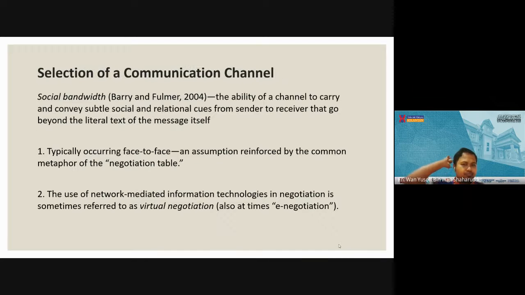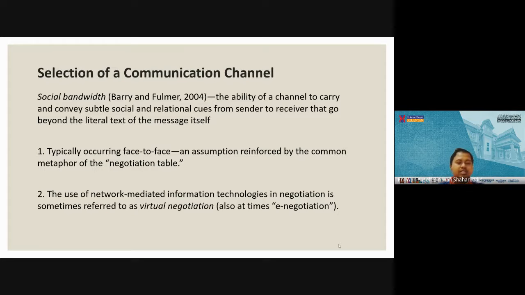When selecting a communication channel, we need to understand the concept of social bandwidth by Barry and Farmer, 2004. Social bandwidth indicates the ability of a channel to carry and convey subtle social and relational cues from sender to receiver that go beyond the literal text of the message itself.